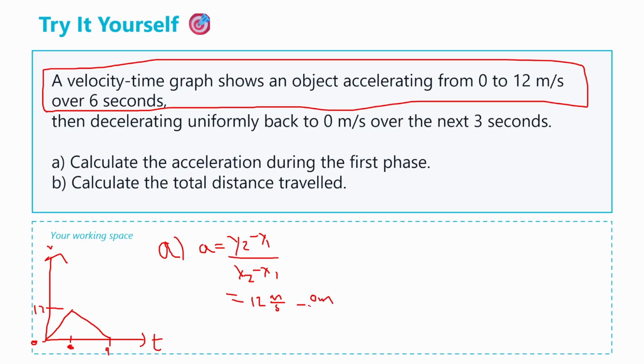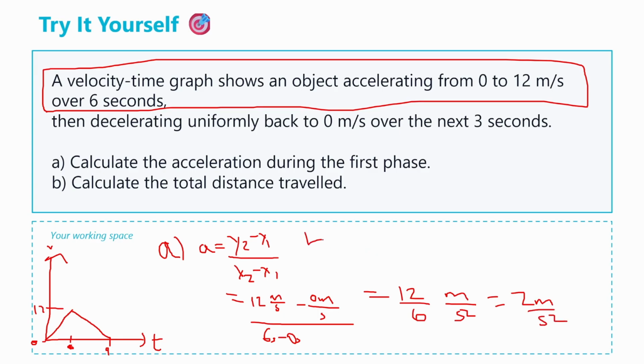Now, the second instance of x is 6 seconds, 6 seconds minus 0 seconds, right? So this becomes 12 by 6. You can divide meters per second by second to get meters per second squared. This gives us 2 meters per second squared.